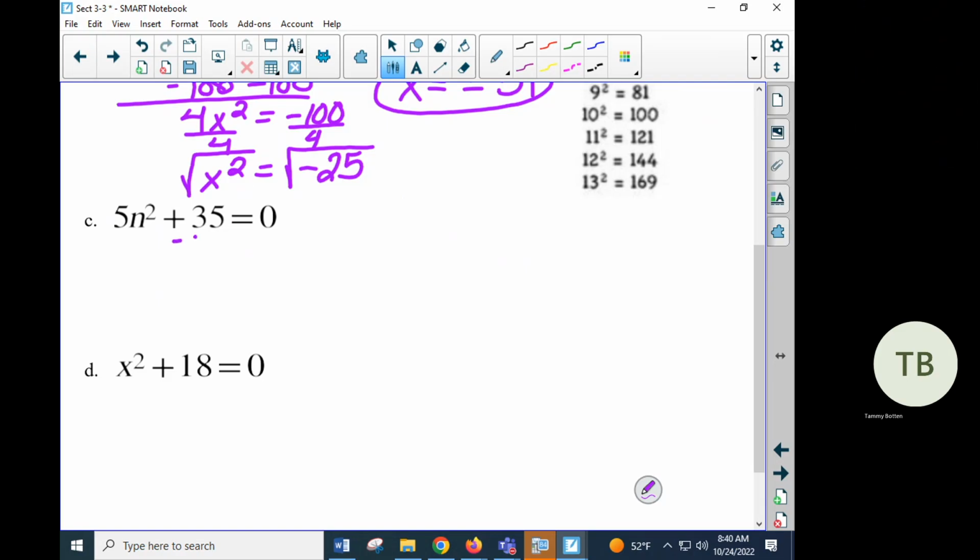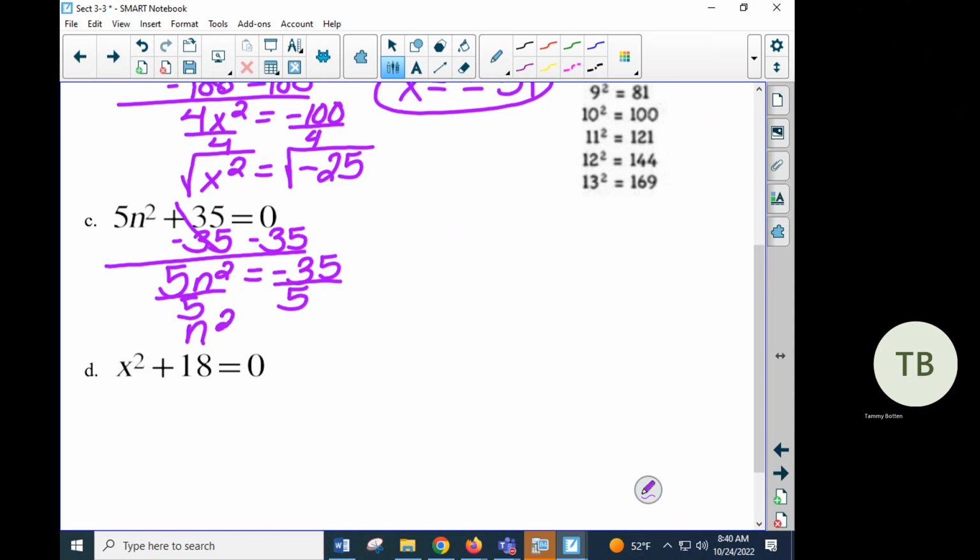Now here, I'm going to subtract 35. And I get 5n squared equals negative 35. Divide by 5. And n squared equals negative 7.